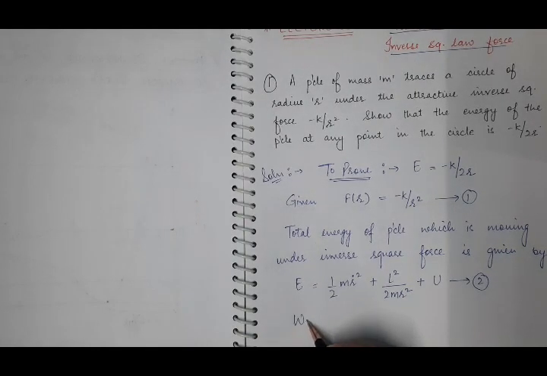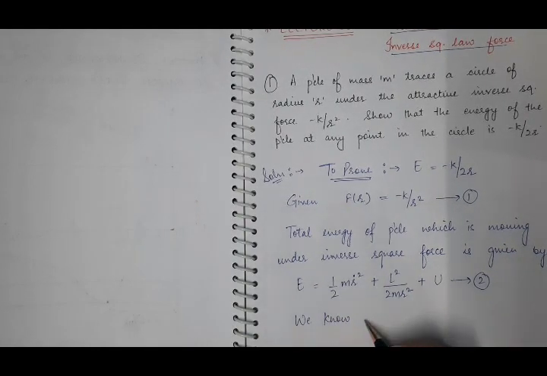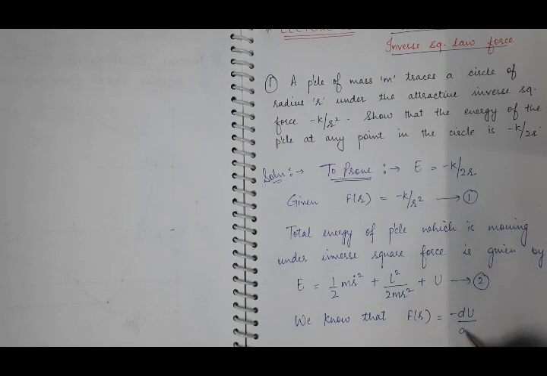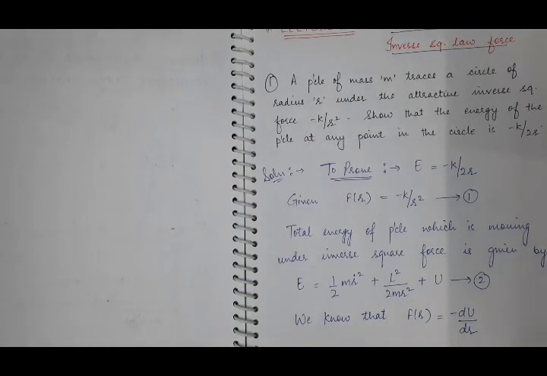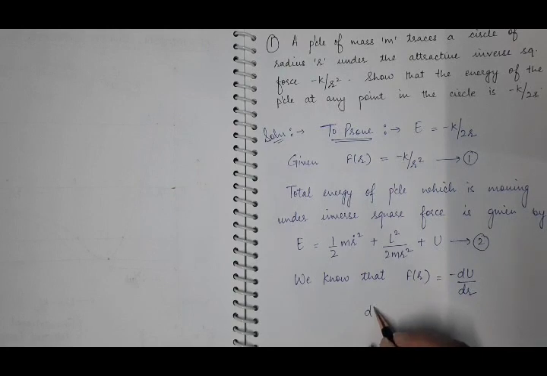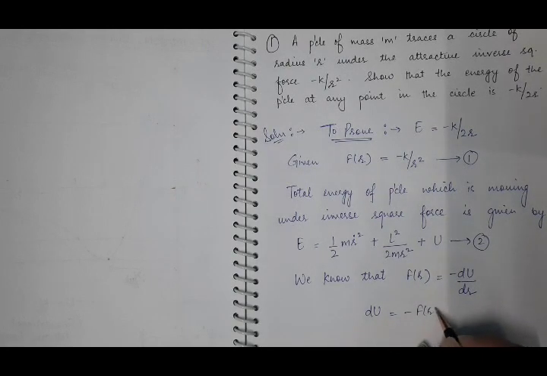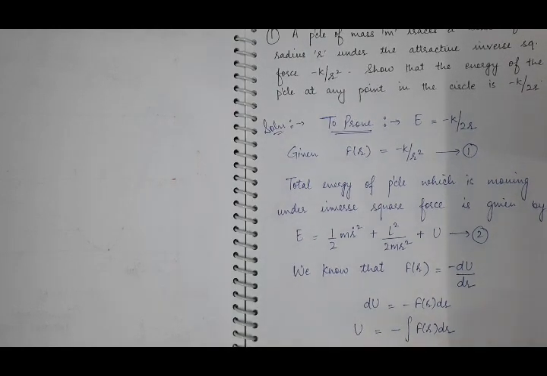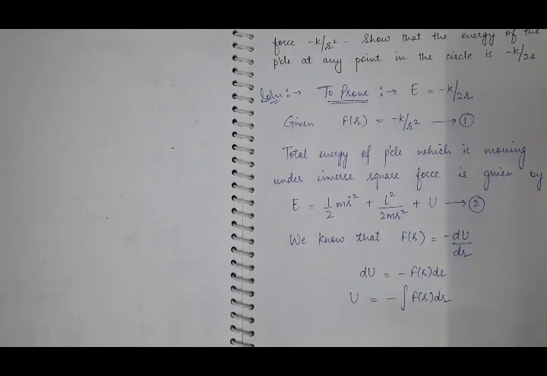So we know that the relation between force and the potential energy, f of r is equal to minus dU by dr. So dU will be minus f of r dr. So to calculate gravitational potential energy, integrate on both sides, we will have U is equal to minus integration of f of r dr. Put the value of f of r, which is minus k by r square.